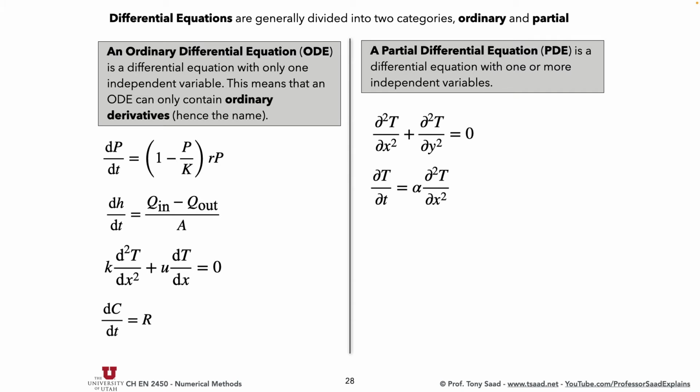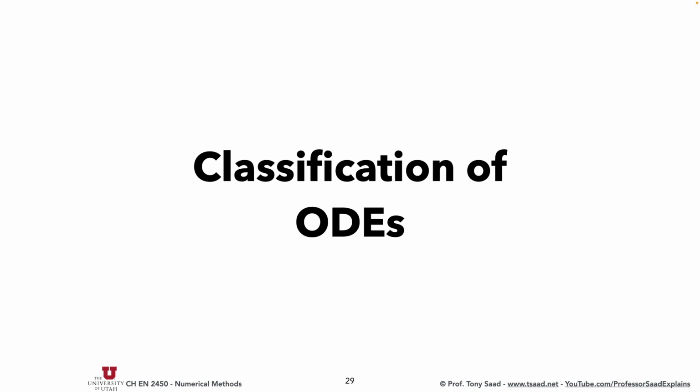So t is time, x is space, x and y are space. You've seen some of this earlier in the course as well. Take the unsteady advection diffusion equation: once you drop the time term, you become an ODE. But with time, you can also change in space. So that adds more complexity to it.